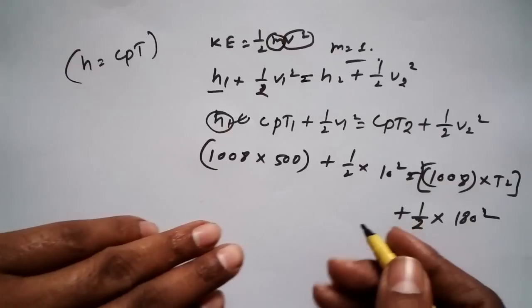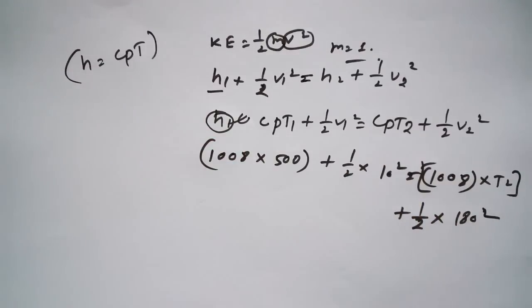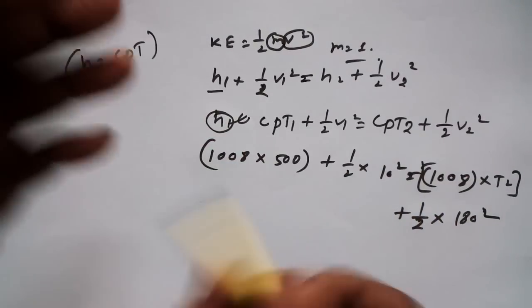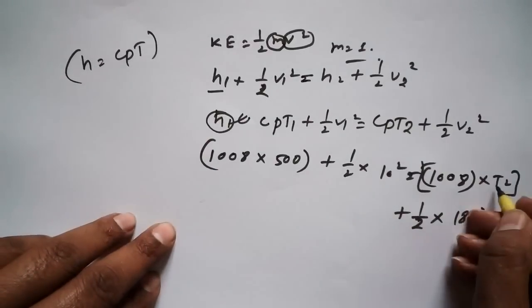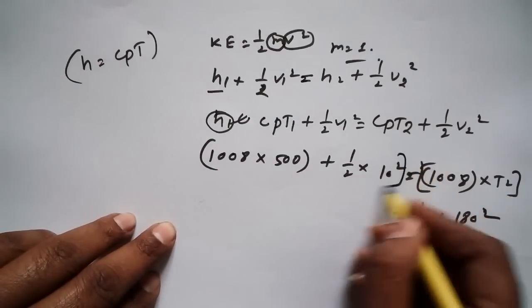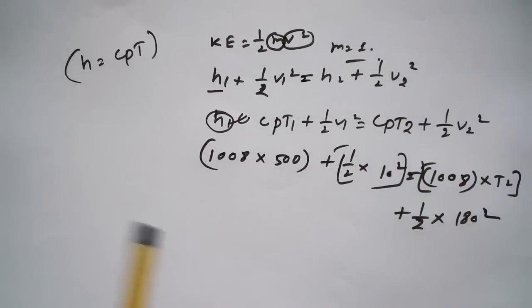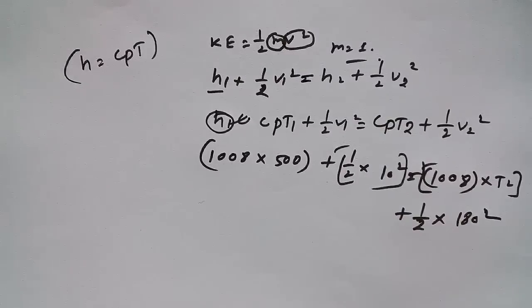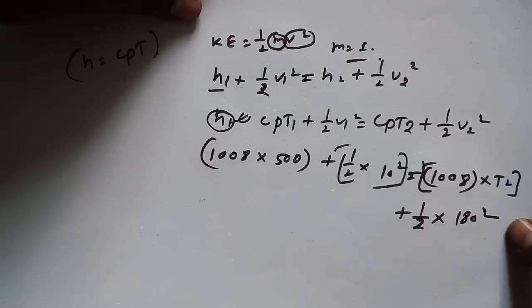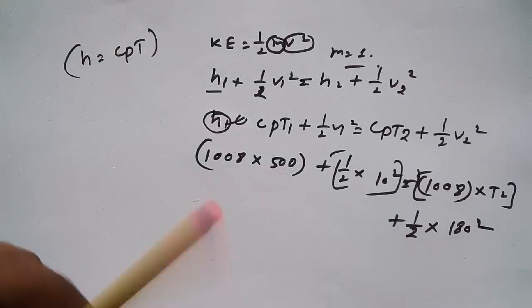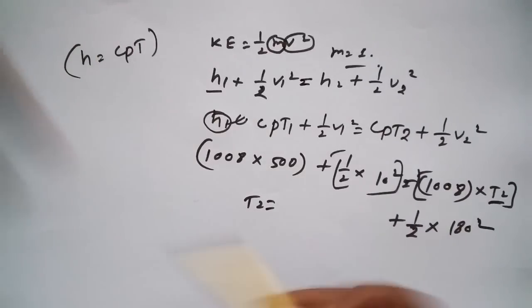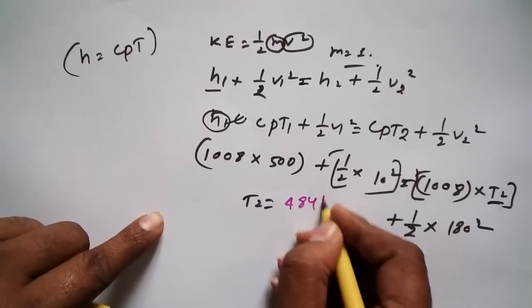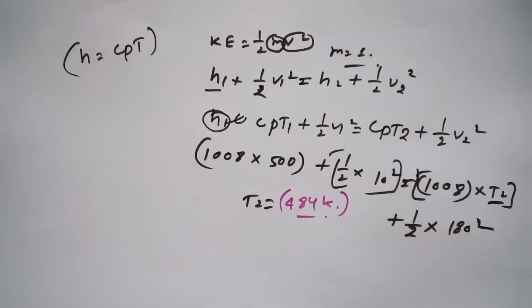I don't want to take time to calculate because I did it already. If you calculate these things, we can easily find the value of T2. So T2 is equal to 484 Kelvin after calculating.